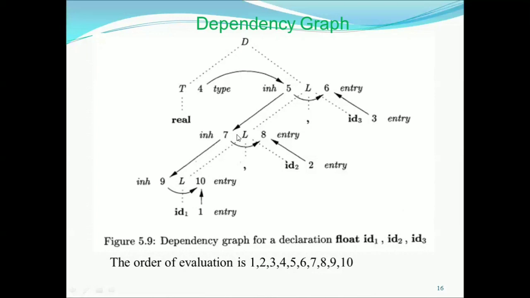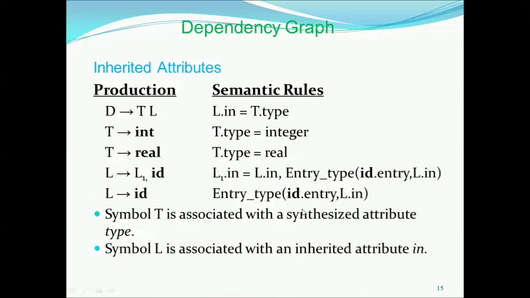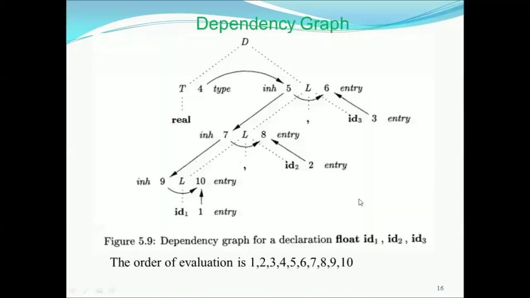Once I execute this, the next level will be the value of this data type will be passed to this particular L value. So it also gets its inherited value. Once I get that, then once again I make a call to the same function entry_type of id.entry, L.in.